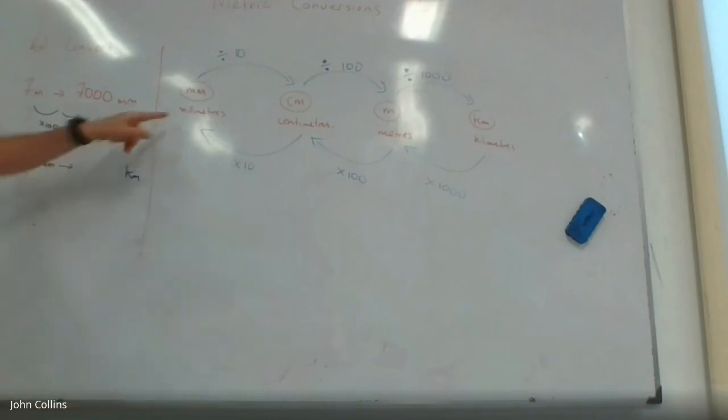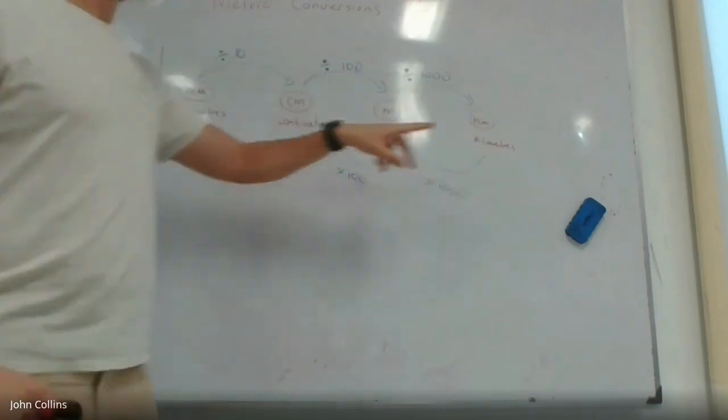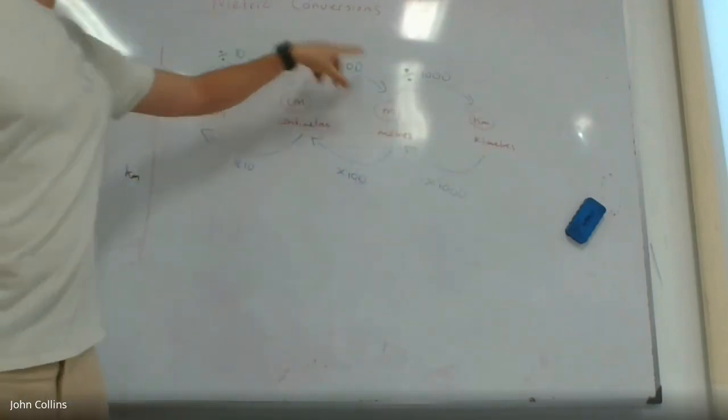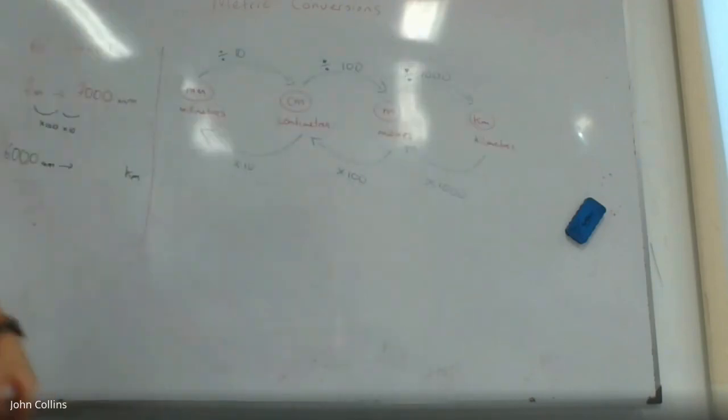To get from millimeters all the way to kilometers, we got to go through divide by 10, divide by 100, divide by 1,000. Nikita, you disagree? 0.06. Oh, well, let's see. So I got to divide by 10, divide by 100, and divide by 1,000 according to my chart over here.